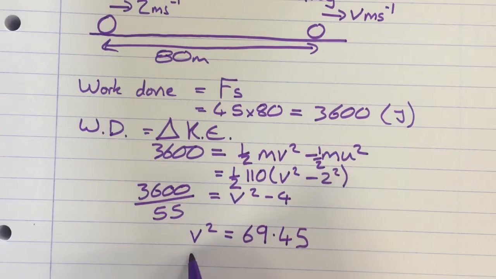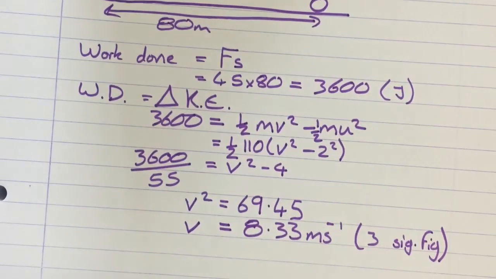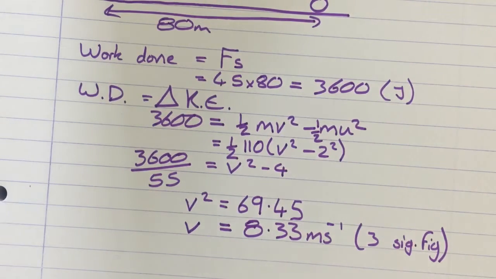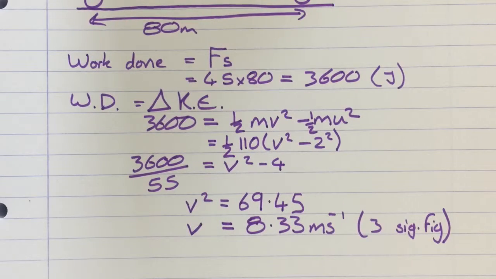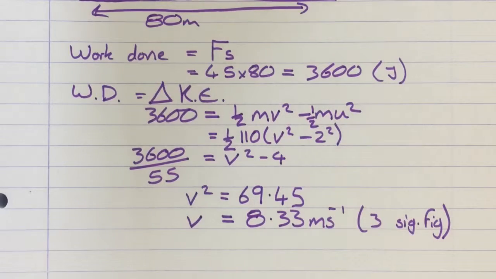So finally, to work out my velocity, I just square root that, which gives me 8.33 meters per second. And that's to 3 significant figures. And that's it done. That's the final velocity calculated given those initial conditions.